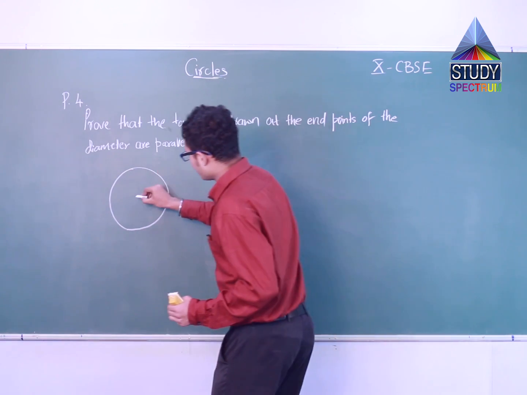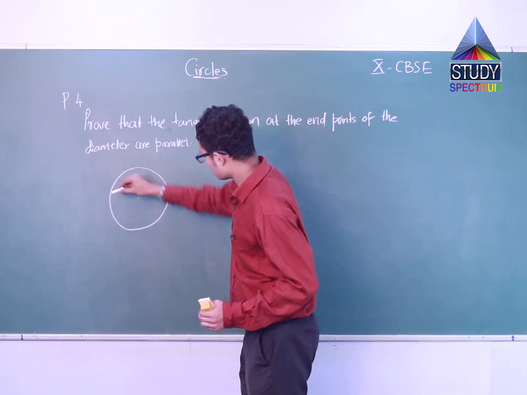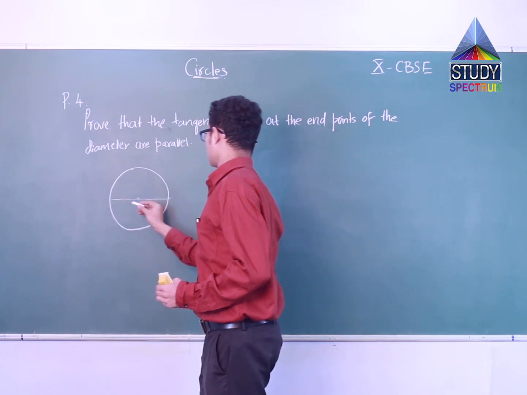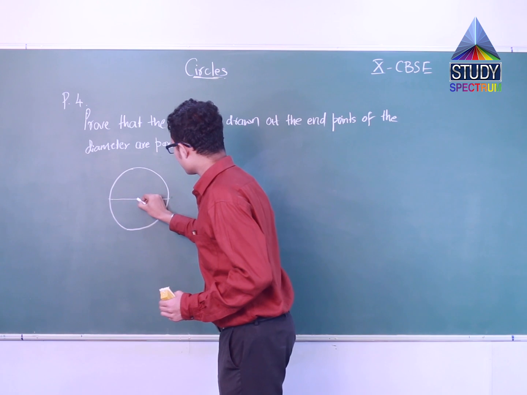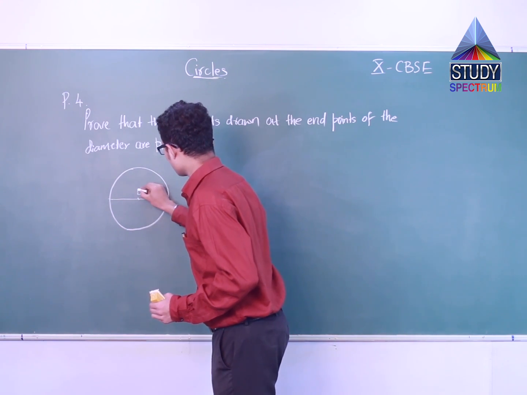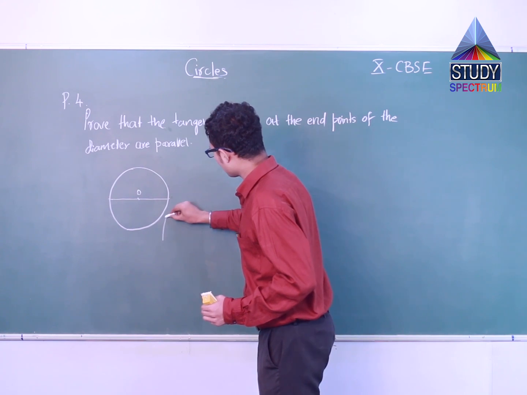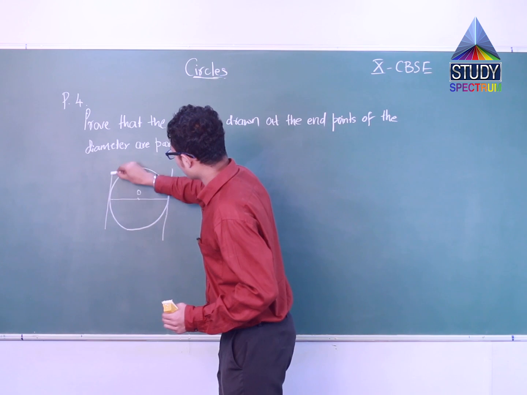And I'll draw a diameter horizontally. Let me indicate the center by letter O, and there are two parallel tangents drawn at the end points.